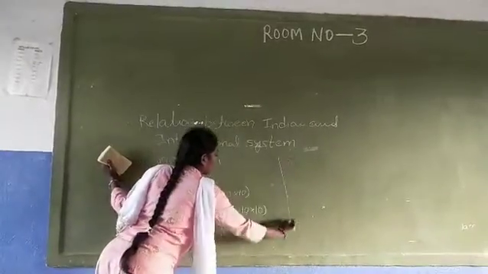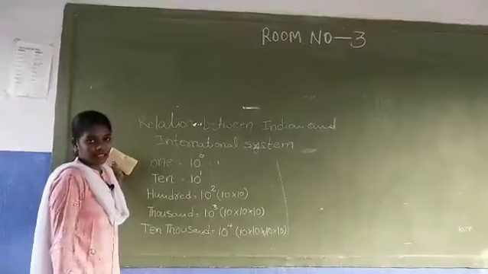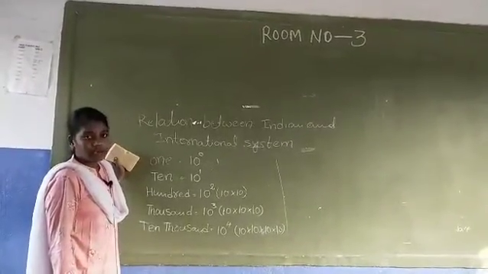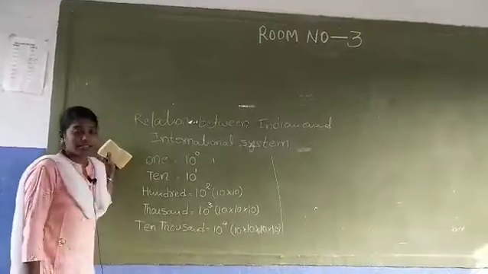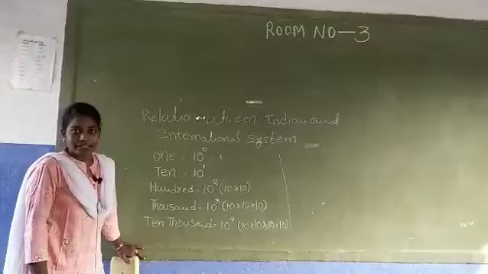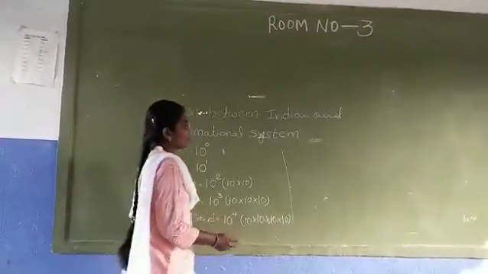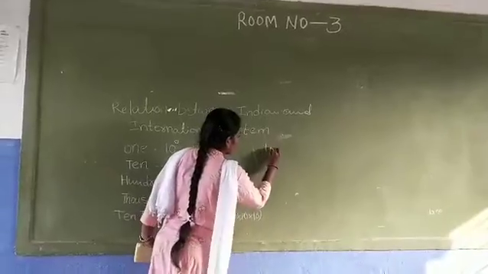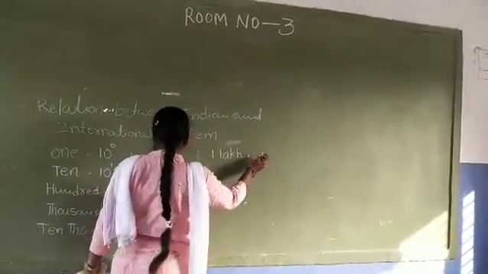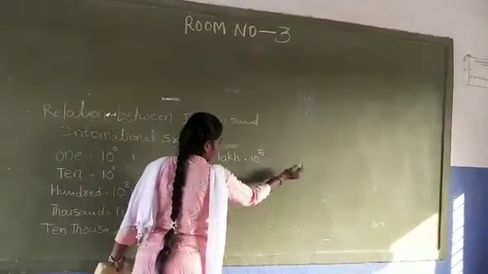After this, in the Indian system, after 10,000 we get 1 lakh, then 10 lakhs, then crore, after that 10 crores. In the international system, after 10,000 we have 100,000 and 1 million, 10 millions and 100 millions. For example, 1 lakh is 10 power of 5.